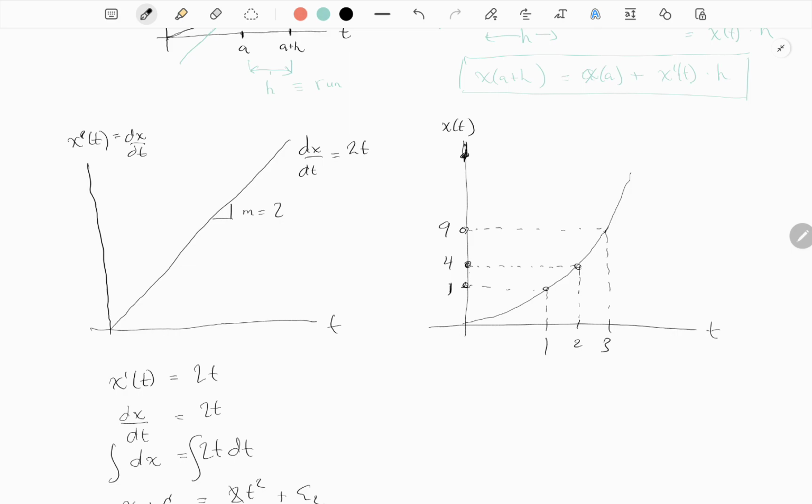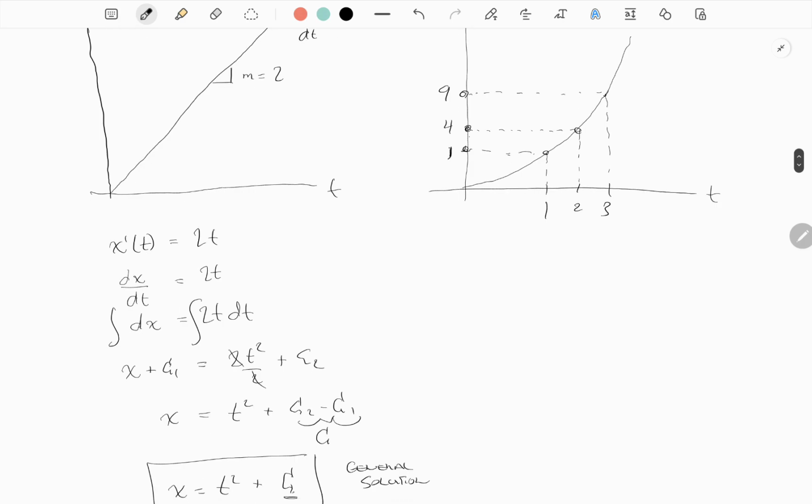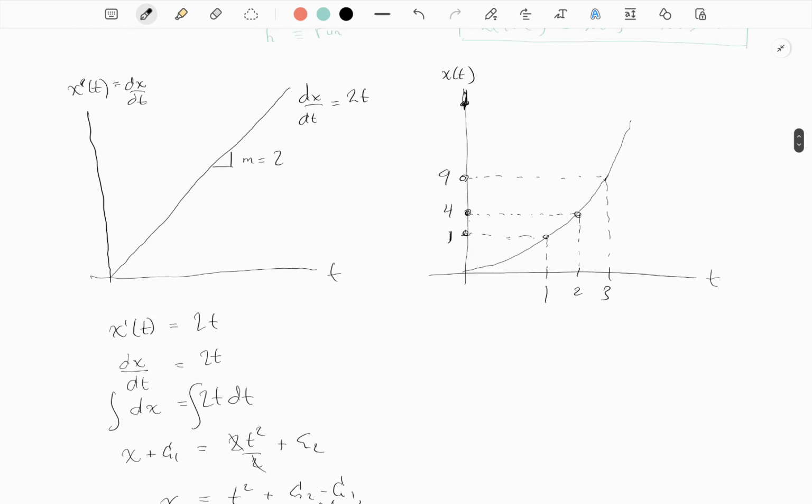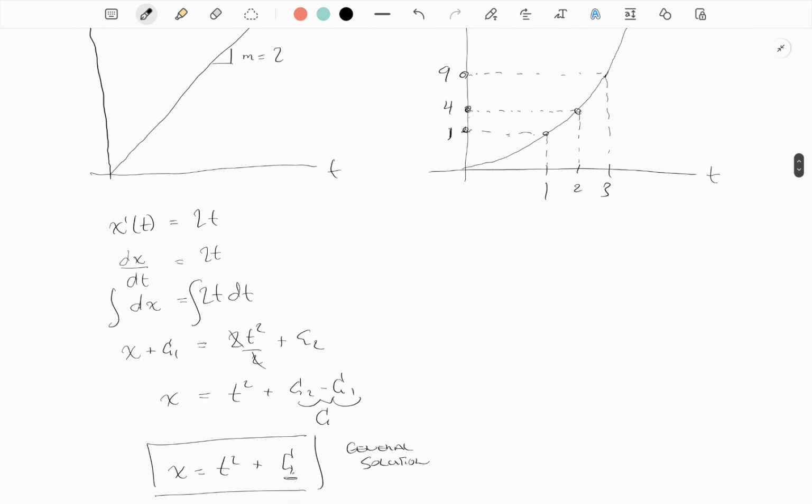And now the question is, what does our algorithm tell us? How can we solve for x of t given that we know x prime of t?